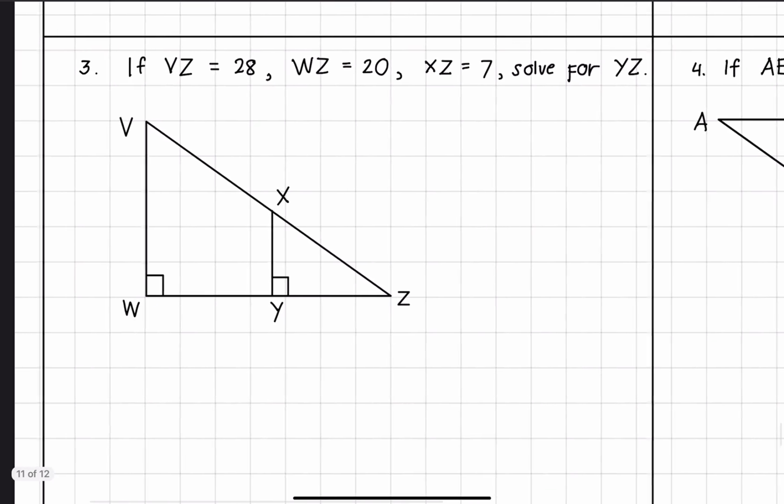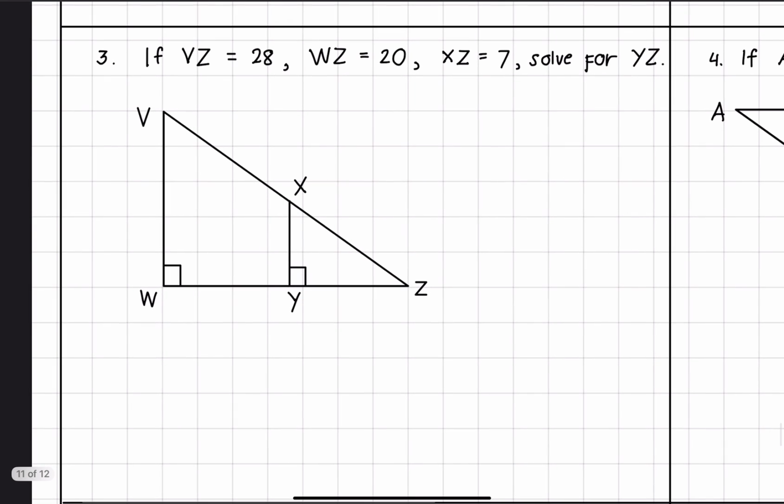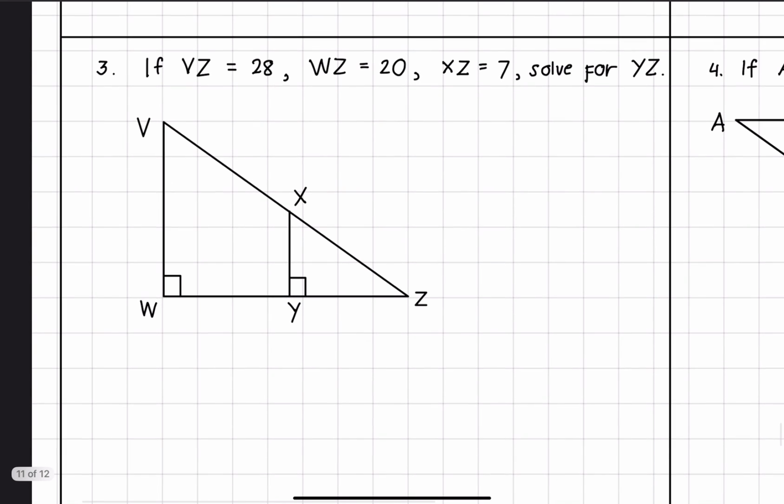Next, for number 3, if VZ is equal to 28, so VZ is the measure of the entire biggest hypotenuse. It measures 28. WZ measures 20.